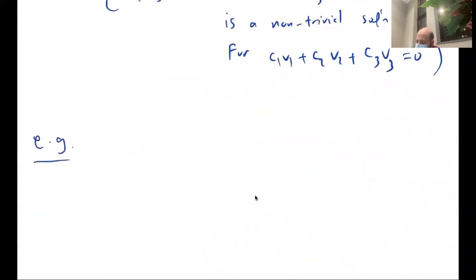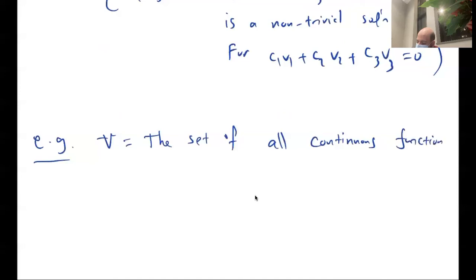Another example, let's say V equals the set of all continuous functions. And let's say V1 equals sine squared x, V2 equals cos squared x, V3 equals 1.